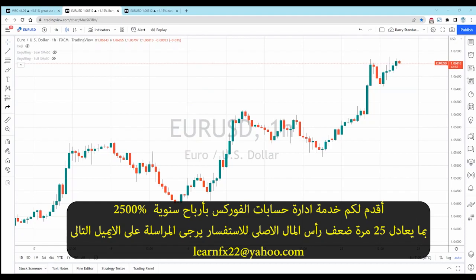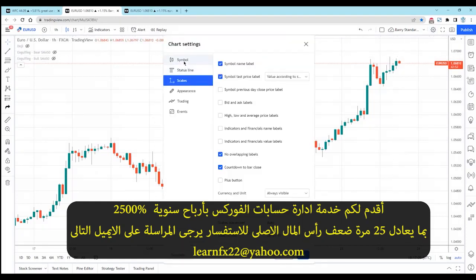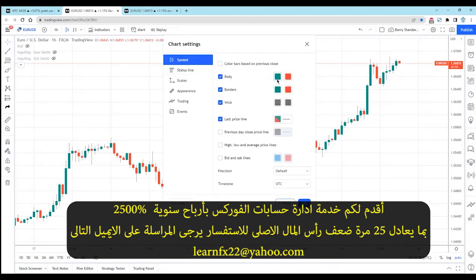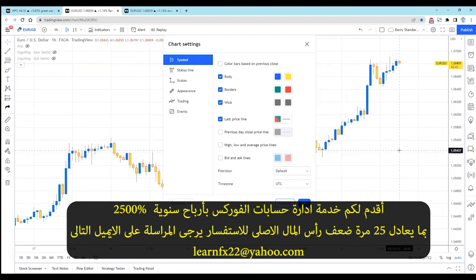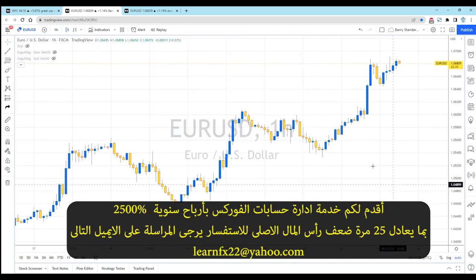Technically, we could make our candles blue and yellow. Doesn't change anything as long as we know what is a bullish candle and what is a bearish candle, what colors represent them, it's perfectly fine. So sometimes you'll find some trading brands that their charts are all in their branding colors.